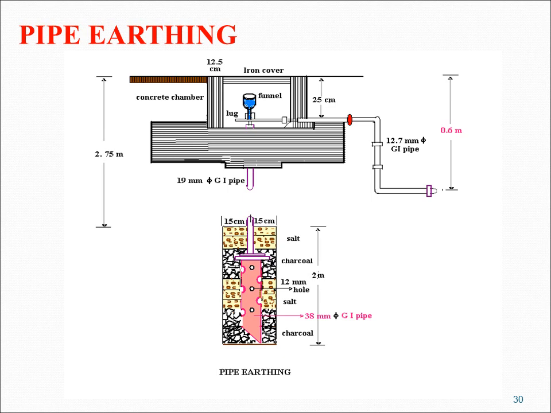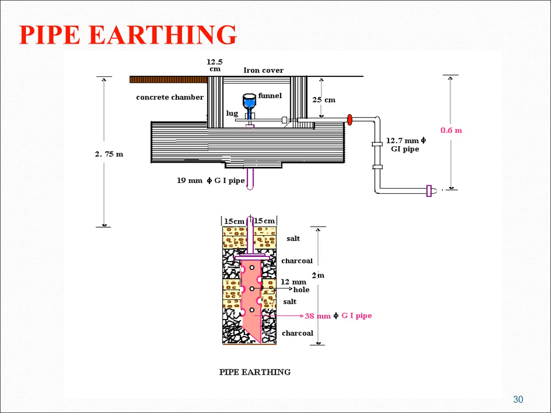If the resistance is low, more leakage current flows towards the ground, so the person touching the apparatus will not get any shock. So the earth resistance should always be kept as low as possible; to maintain it, the moisture level in the soil is kept up. The salt and charcoal are placed in alternate layers, and it will maintain the low resistance. This is the arrangement for pipe earthing.